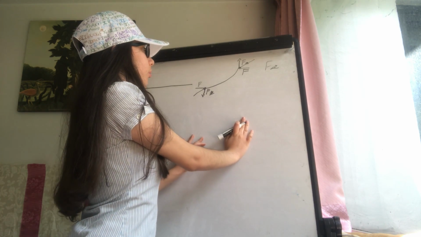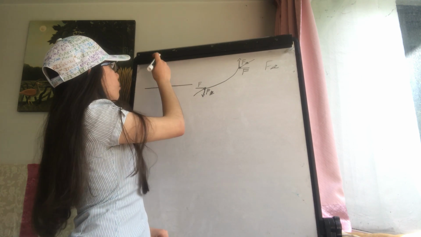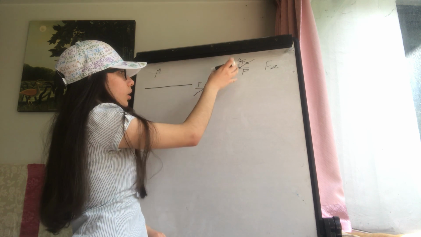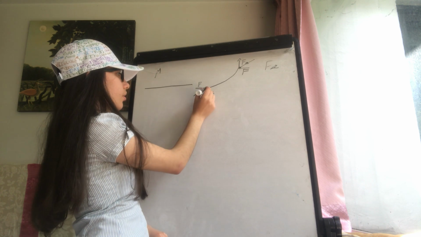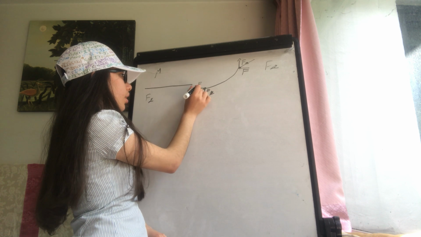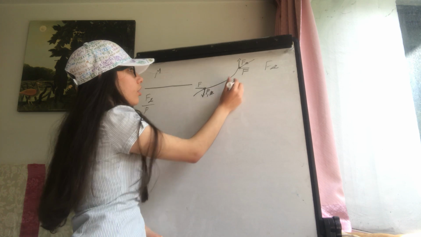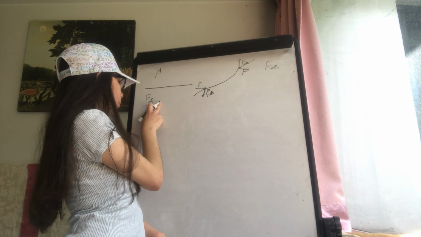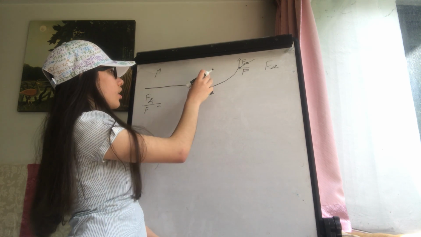Now, remember mu, that is the mass per unit of length. Here we have the proportion of F sub y divided by F. Actually, let's say this is F sub 1 and this is F sub 2 in the y direction. So F sub 1 in y divided by F has the same proportion as the slope.